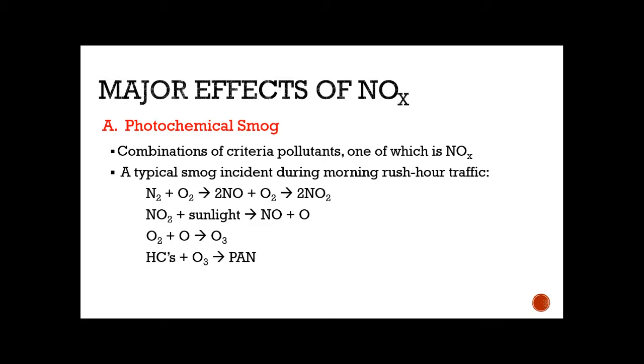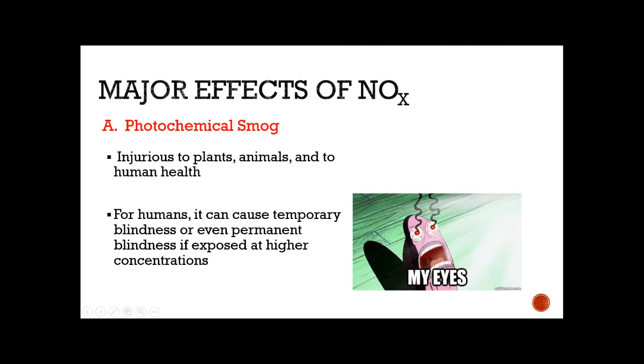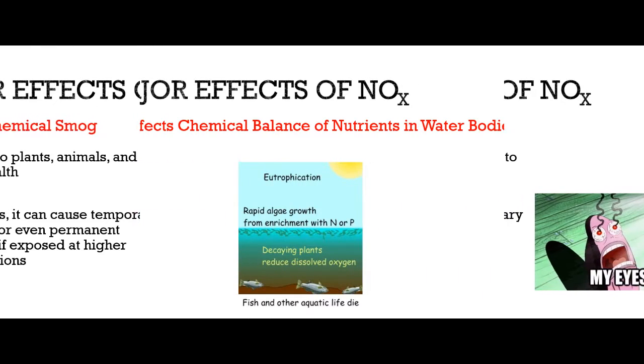As you have seen from our discussion, photochemical smog is a combination of the criteria pollutants, and one of which is NOx. So this photochemical smog is injurious to plants, animals, and human health. And for humans, it can cause temporary or, at high concentration, even permanent blindness.